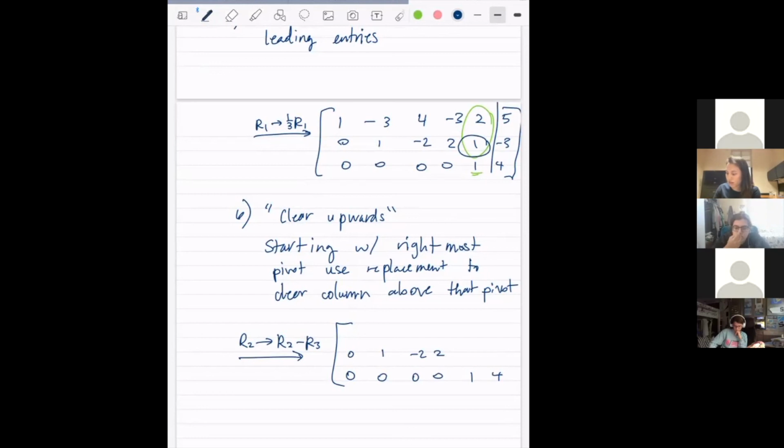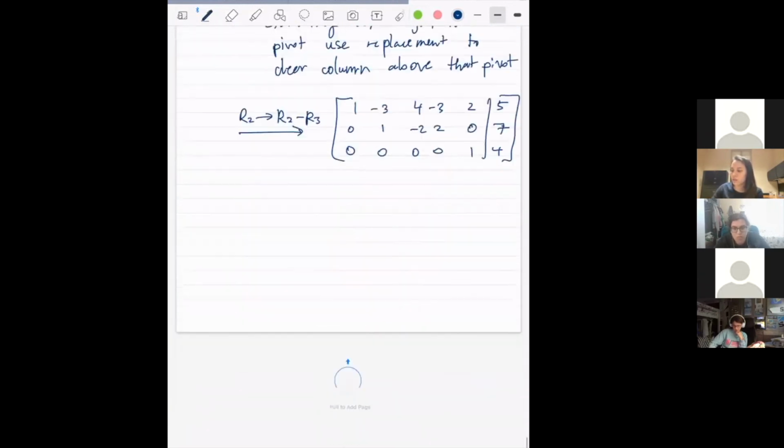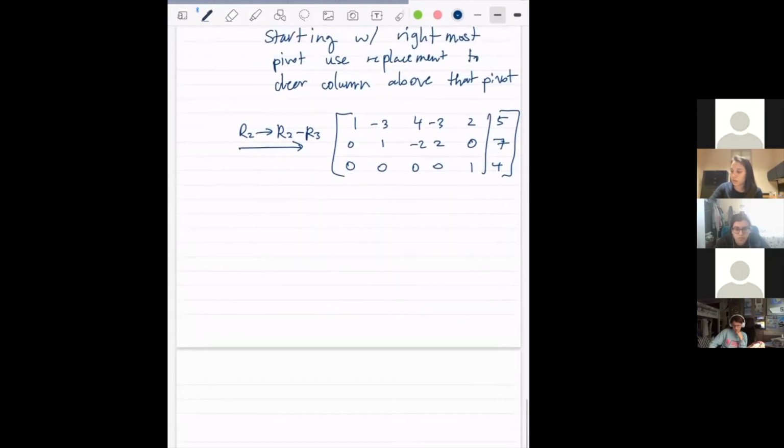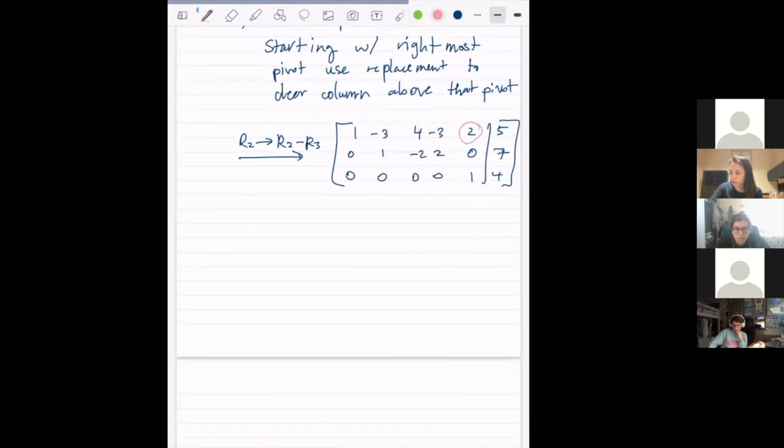And then in that column, we get a 0, and then we get 4 minus 3, so 7. And then 1 minus 3, 4, 5, like this. And then you would do a similar thing to get rid of the 2. And then the things you have left to do are get rid of this 2 and get rid of this minus 3. But I'm going to skip that because we are almost out of time and I really want to get to solutions.